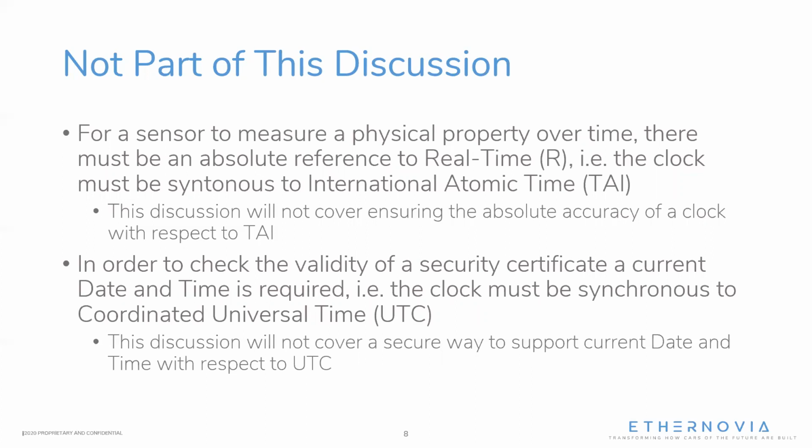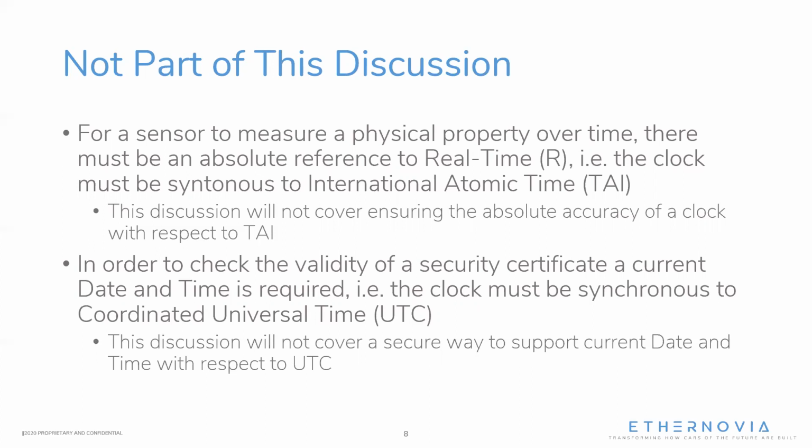But this is a system intrinsic synchronicity and not a synchronicity to, for example, the universal time zone. I'm also not looking for any checks on does the system have the correct date, like something that you might want to have for security.